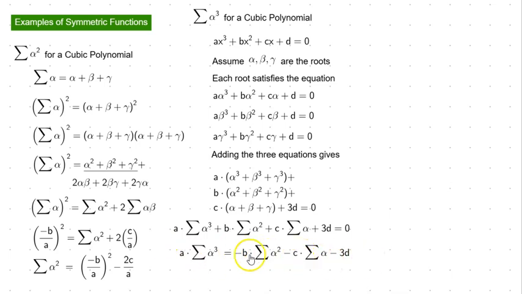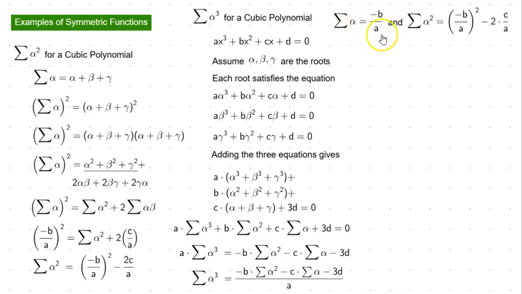Now what has happened here? What we are doing is we are bringing a times sigma alpha cube to one side. So the second term becomes minus b times sigma alpha square when we bring it to the other side. Similarly, minus c times sigma alpha minus 3d. Now we bring this a to the other side by dividing both sides by a.